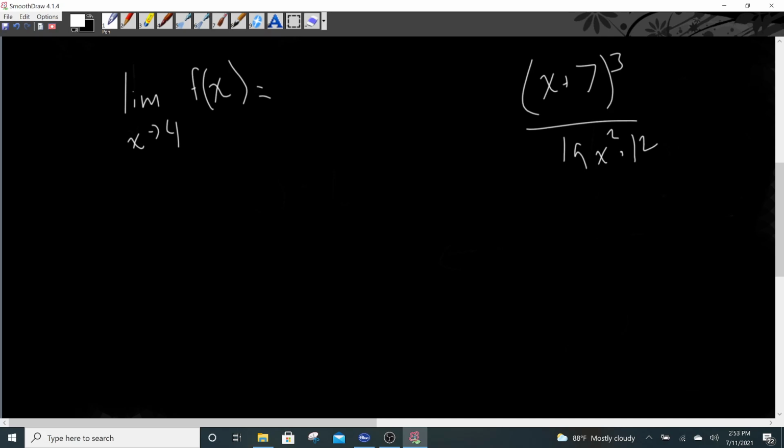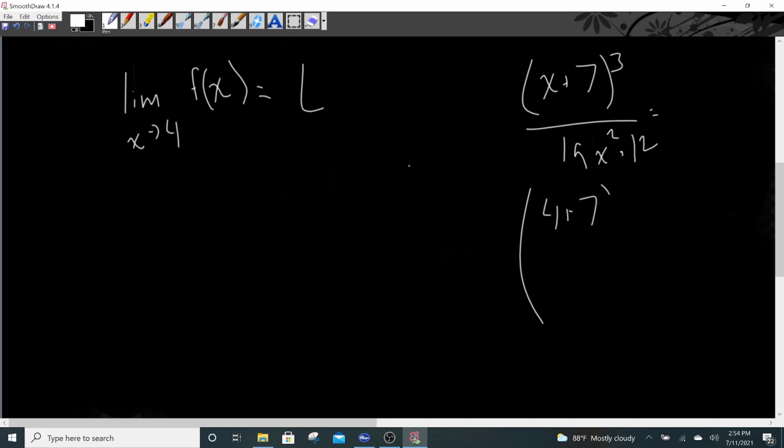Something crazy. And you could substitute 4. I have no clue what this function would look like, so I'm not even going to pretend to draw it. But you can substitute 4 in there, and you'd have a pretty good idea of what that would be.